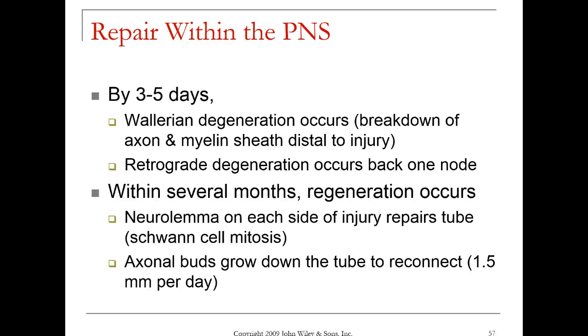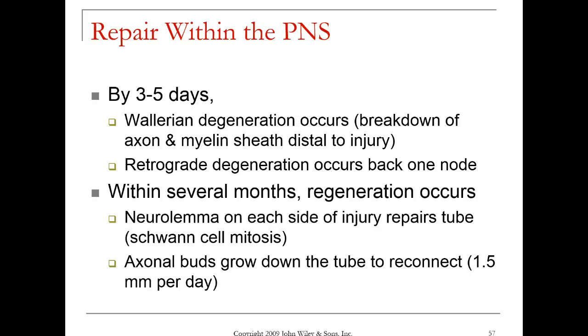And then the next thing that happens will be the formation of that regeneration tube and regeneration within the regeneration tube. And remember, the regeneration tube is made up of the Schwann cells. So they rapidly go through mitosis and they form a little repair tube. Then the axon will bud and it will begin to regrow down the tube, although it takes a while.